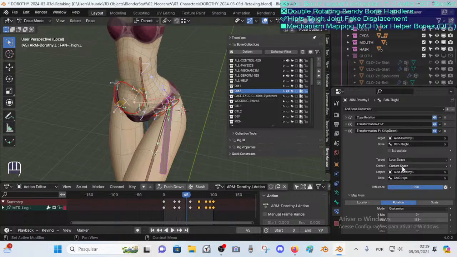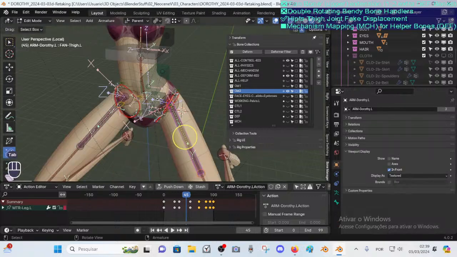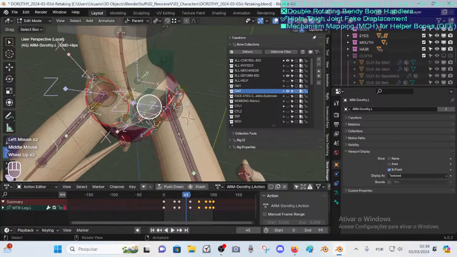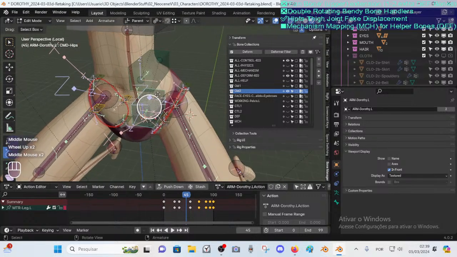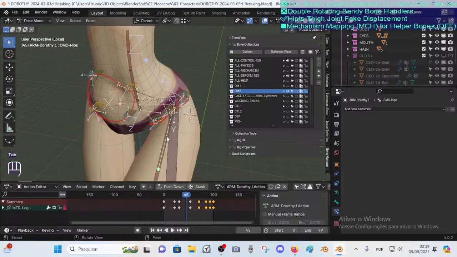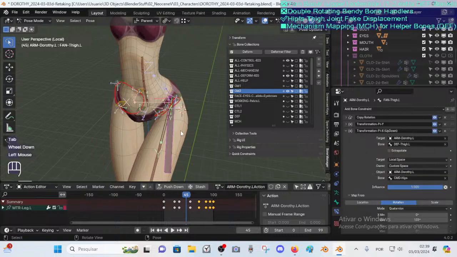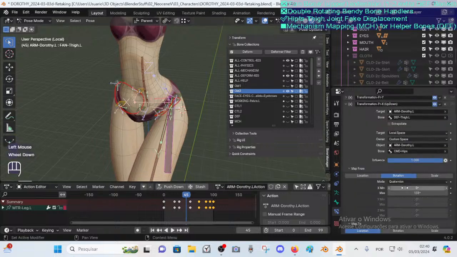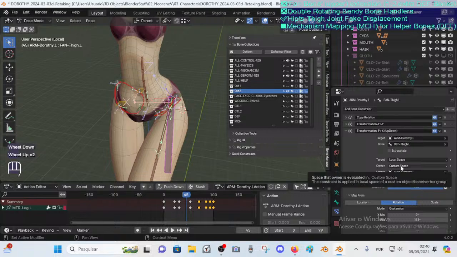So it is always the custom space of that bone, Command Hips, how I call it in that hierarchy, from the rest position reference. So it's a static axis, just as this one.